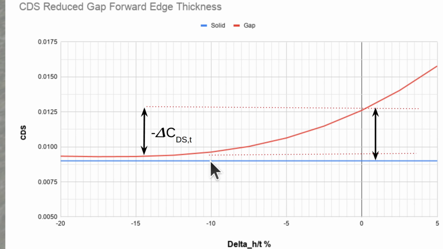This blue line here represents the airfoil drag without a gap and without any change in thickness, so it's a constant down here. This red line represents the section drag, including the gap drag and including any change due to the thickness, the delta H. Down here at 0, this is where we have the gap, but the thickness has not changed at all.